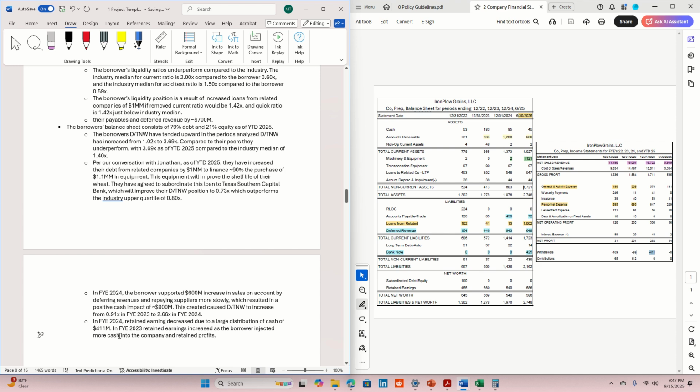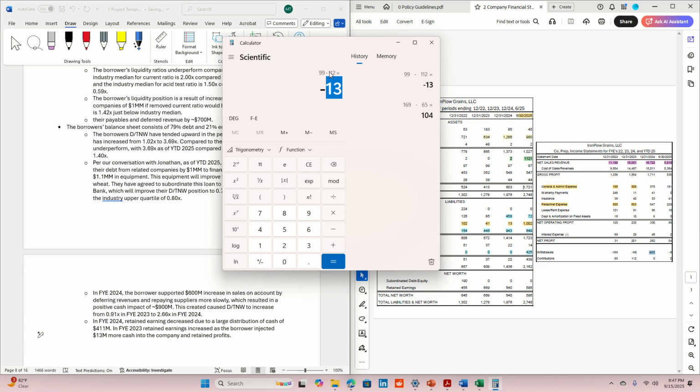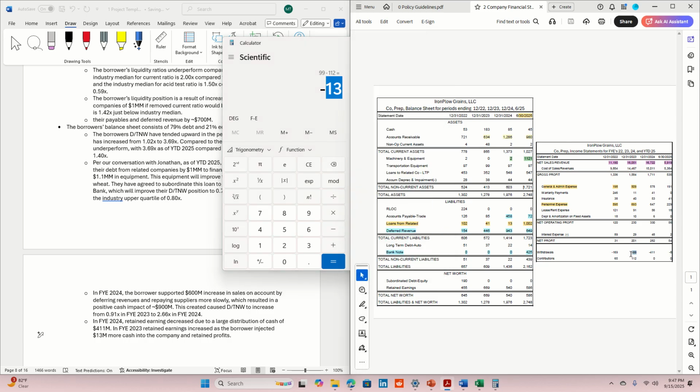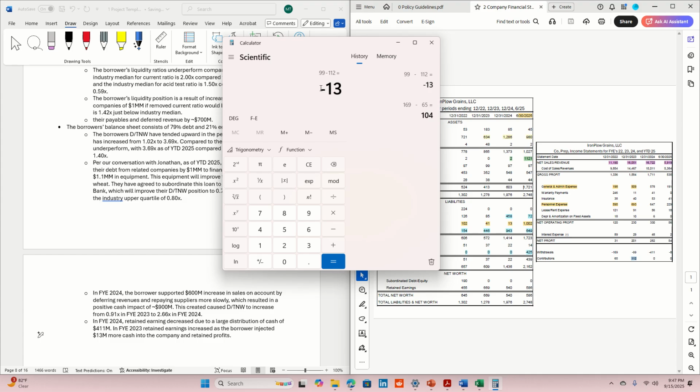Injected 13,000. And remember, if you don't remember how we got 13,000, it's right here. We took $99,000 and then we subtracted 112, and the difference was $13.